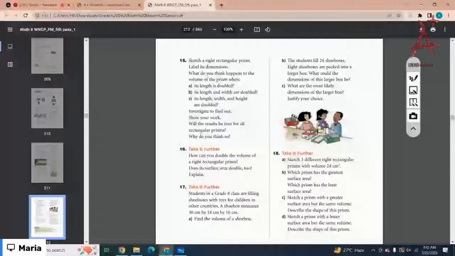What if its length and width are doubled? When the length and width are doubled, then the volume of the prism is increased by 4, because both of them are doubled and 2 times 2 makes 4.